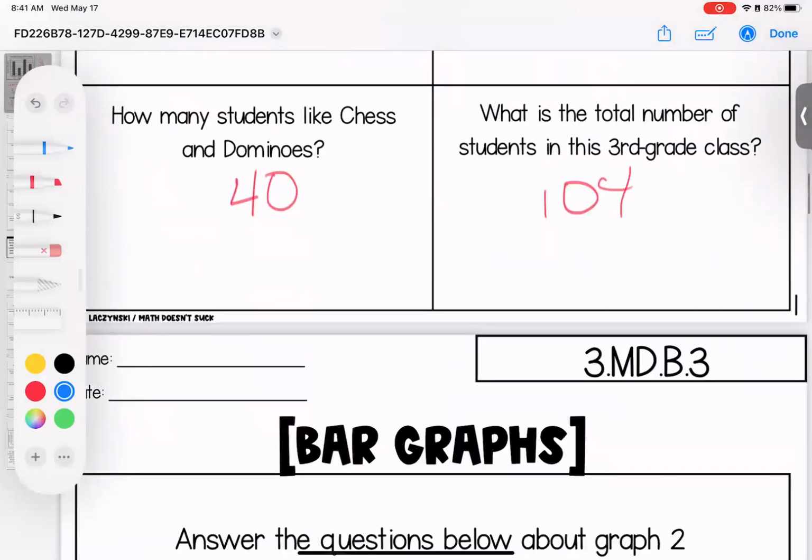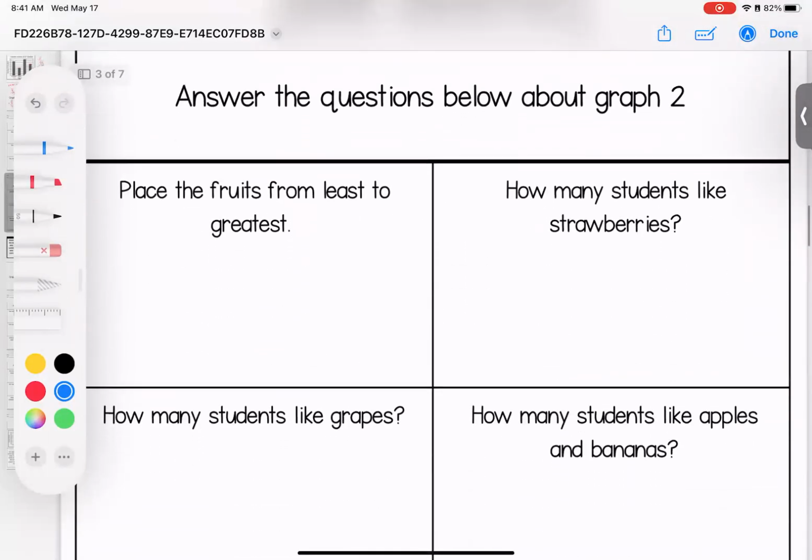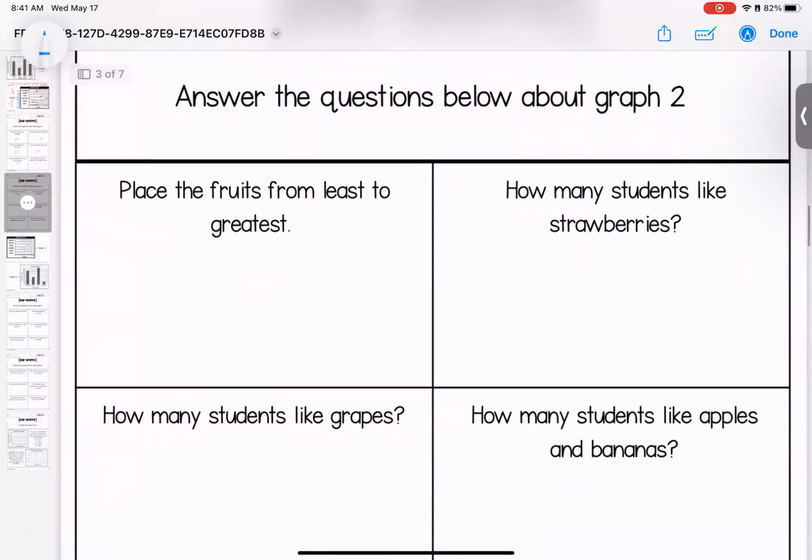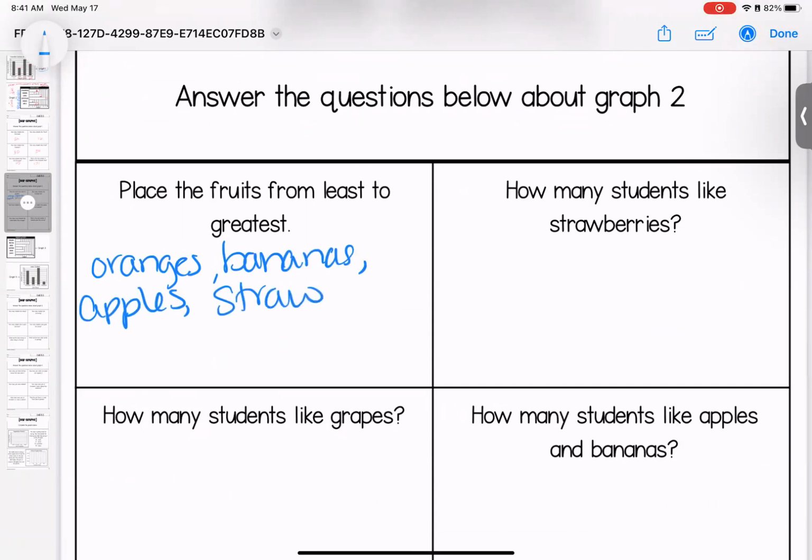Just flipping forward to write all of our answers on our page. So when we put our fruits from least to greatest, we had oranges, bananas, apples, strawberries, grapes, and watermelon.